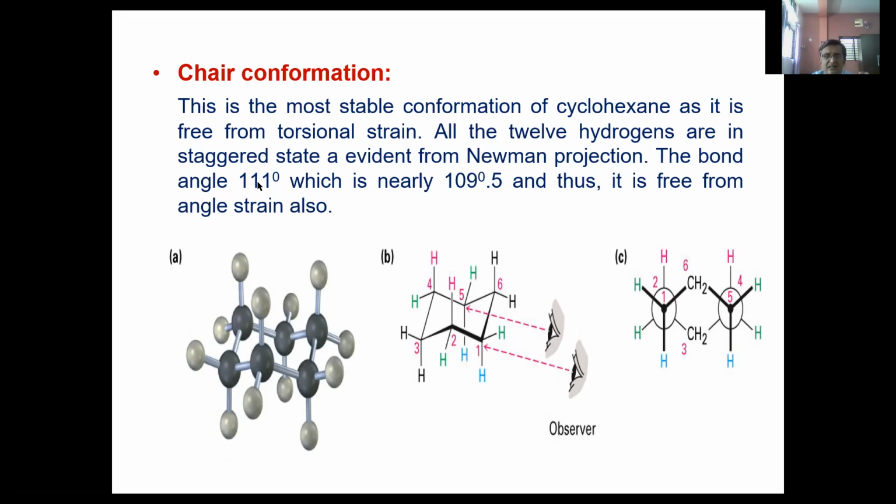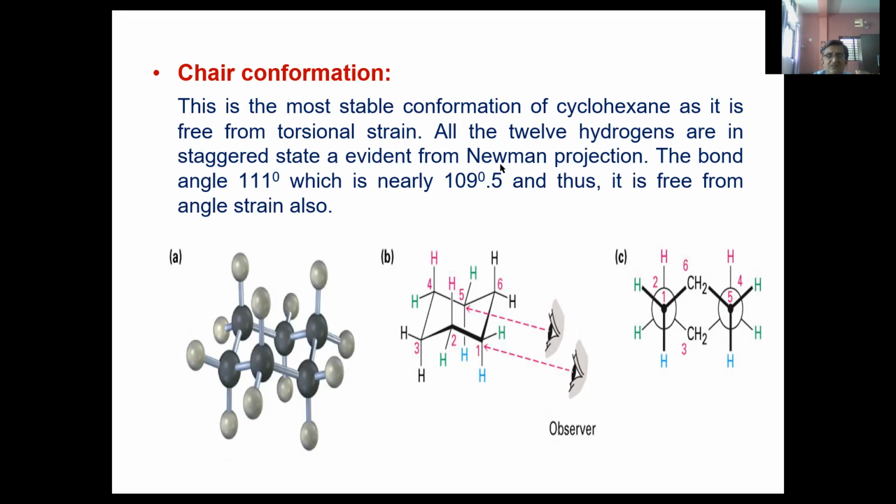The bond angle is 111 degrees, which is almost near 109 degrees 28 minutes, rather than the 120 degrees expected for a planar ring. When it exists in puckered form, the carbon atoms are not forced to exist in the same plane, so they retain the normal tetrahedral angle value.